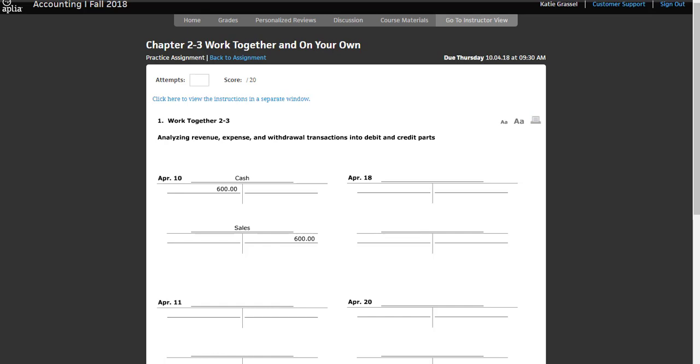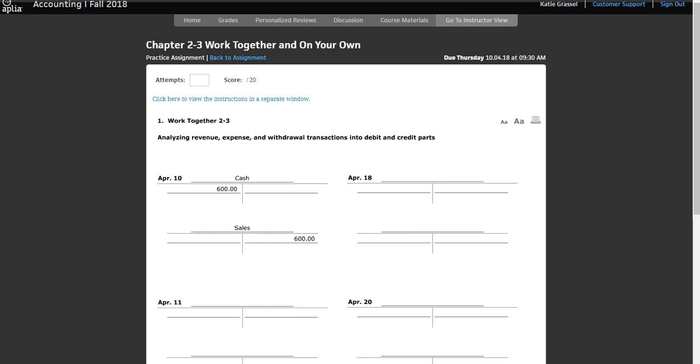So, who wants to help Caitlin out on that word that we would use to associate it with? Yes, it is revenue. It's written right here on the board. Revenue is the classification for sales. Okay? So, sales is a revenue account, and revenue makes owner's equity go up.